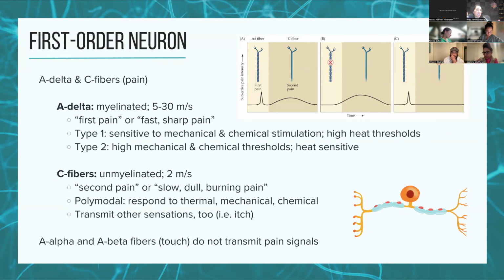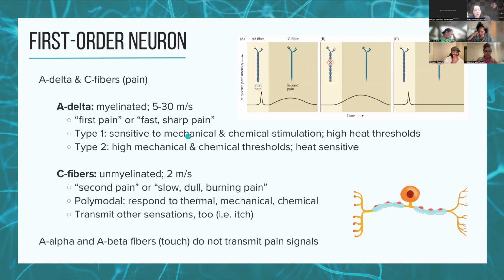Based on their myelination and how big or small they are determines how fast that action potential moves down the neuron. So when it comes to pain neurons, the main categories are A delta and C fibers. Your A delta are your bigger myelinated neurons, and they usually transmit fast pain or sharp pain. That's further subdivided into two different types, type 1 and type 2.